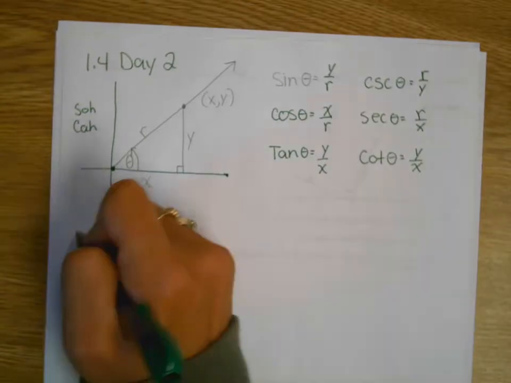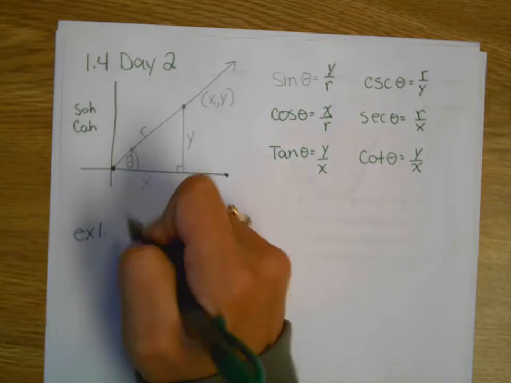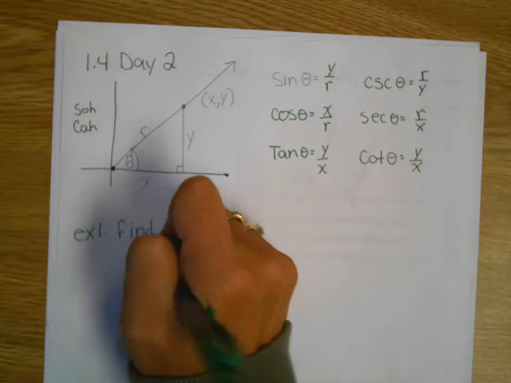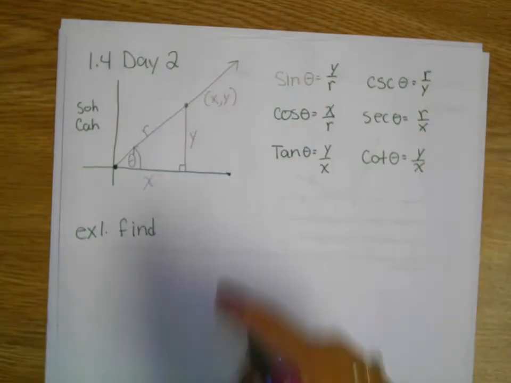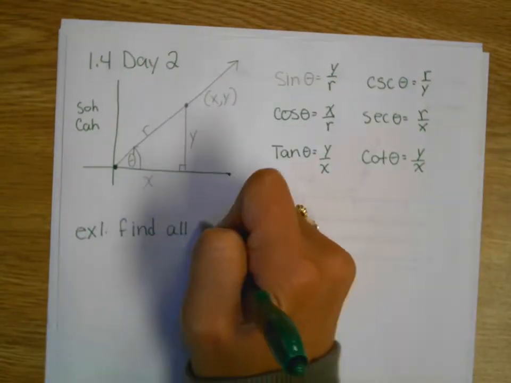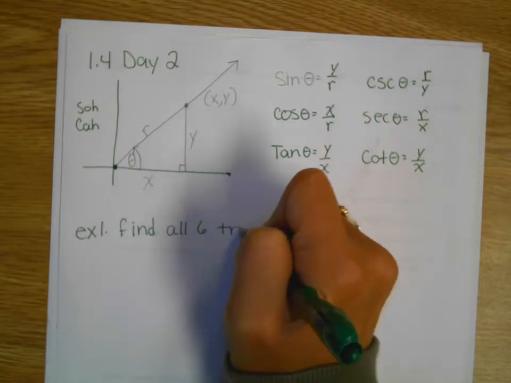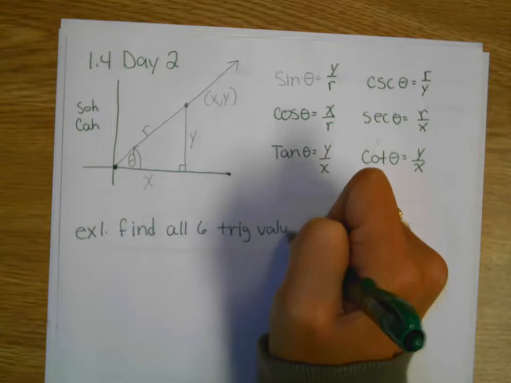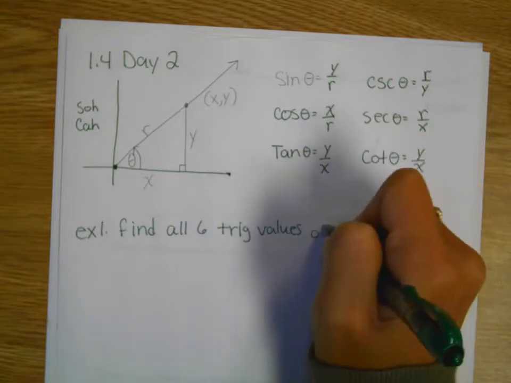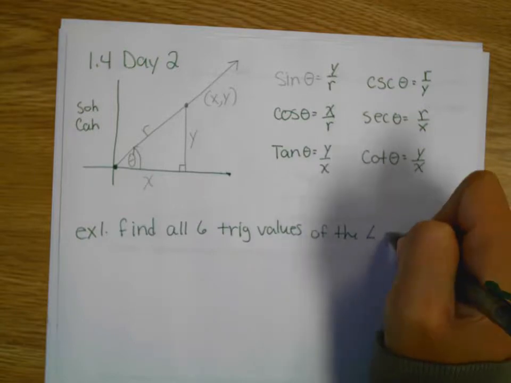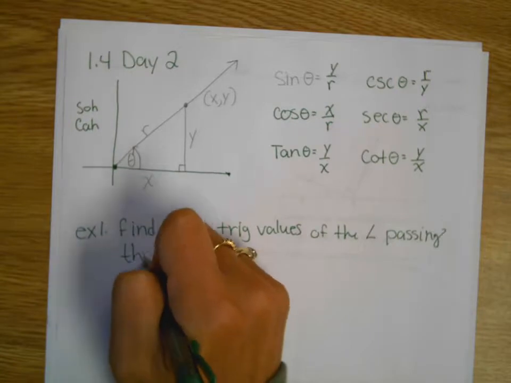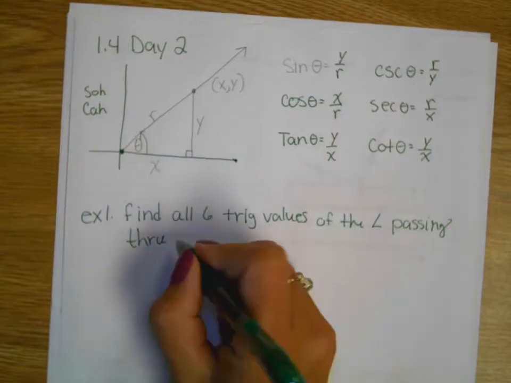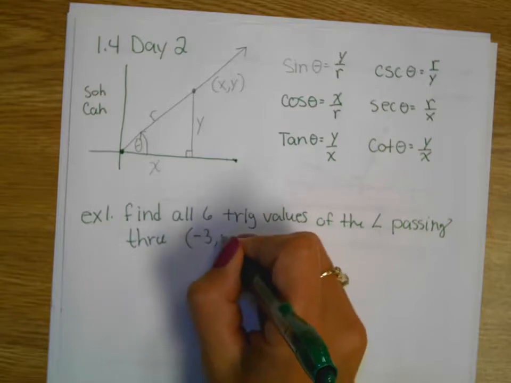Okay, so we're going to spend a lot of time on these 6 trig functions so that the rest of the book we actually do some applications using why do we learn all this stuff? You're going to see it, but we're just going to practice the heck out of getting these ratios down pat. So find all 6 trig values for the angle passing through -3, 4.